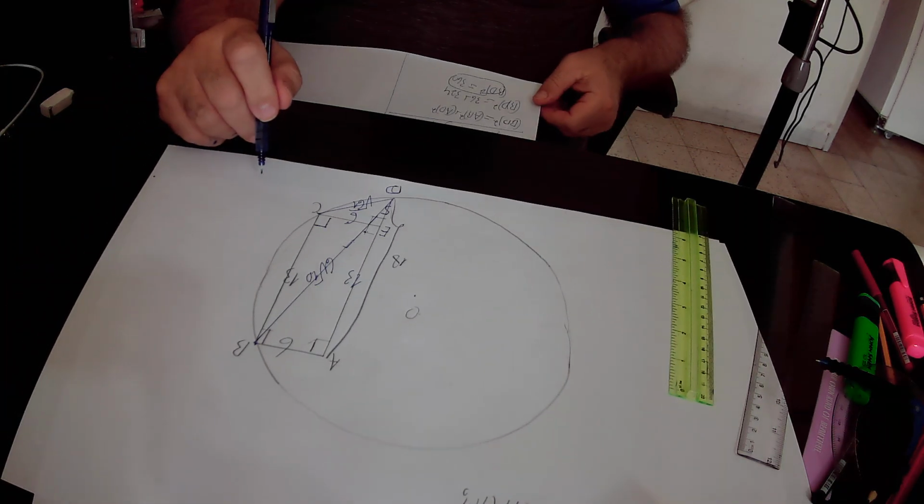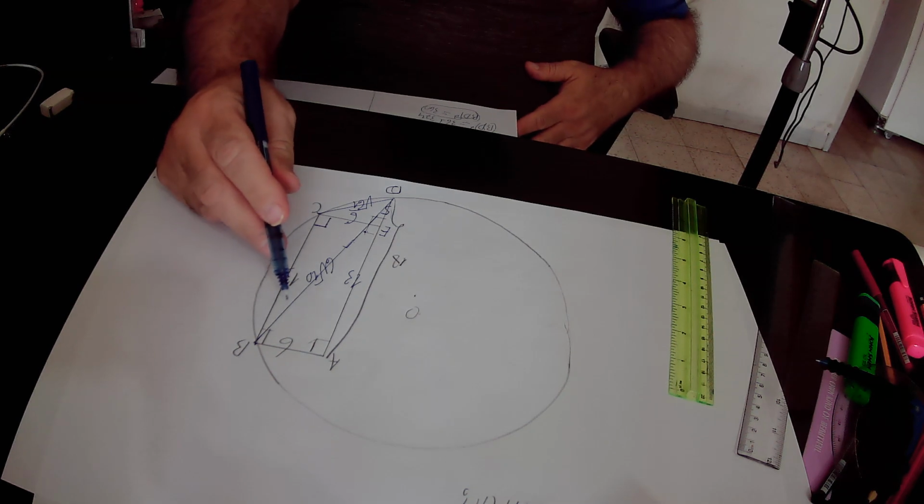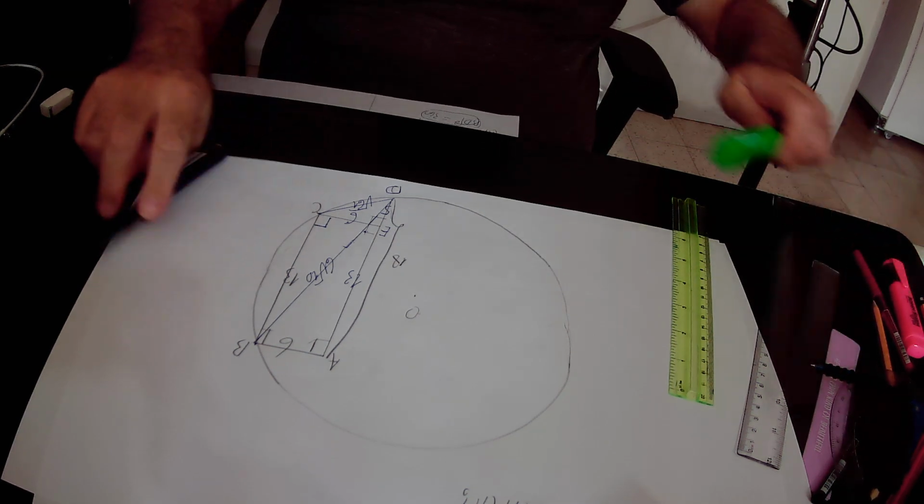In the next step, we'll find the area of triangle BDC.